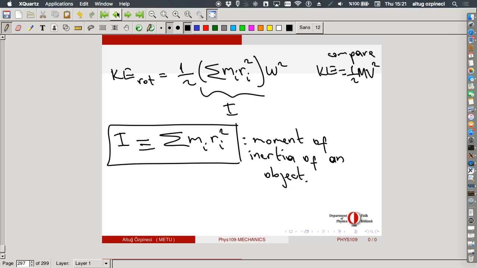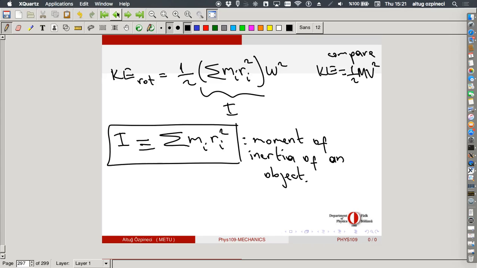In this case, the shape matters. If you have two objects of the same shape, but one is smaller than the other, like a cylinder, one empty and one filled, the cylinder which is filled will have a larger moment of inertia.